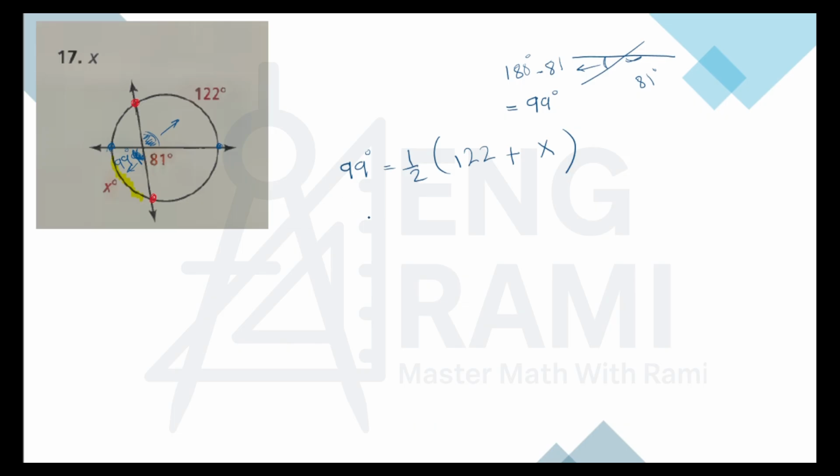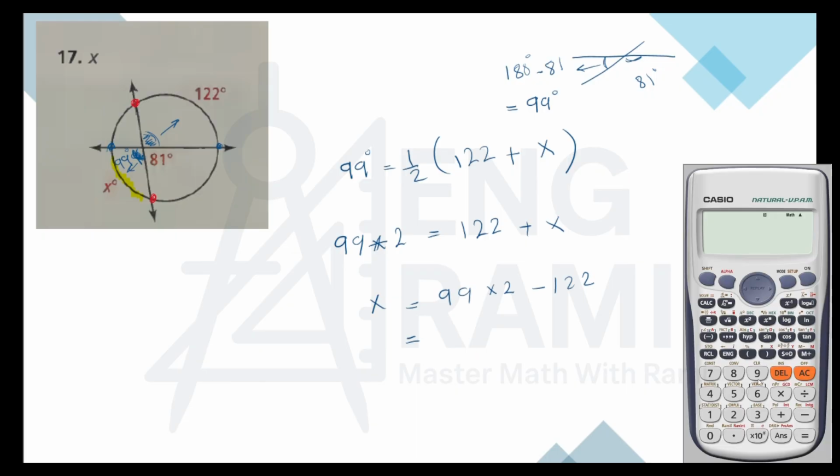So solving this equation, 99 times 2 equals 122 plus x, then x equals 99 times 2 minus 122, which equals 76.